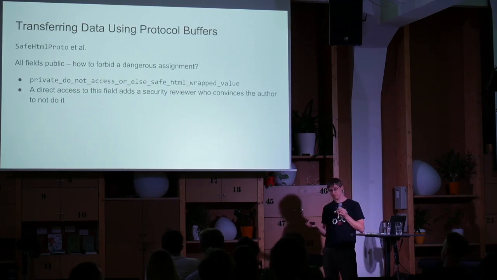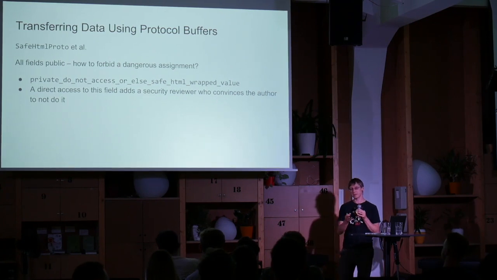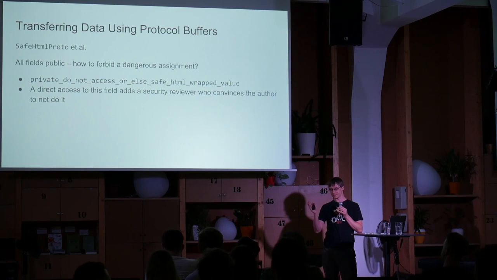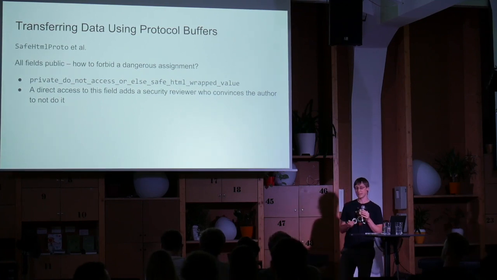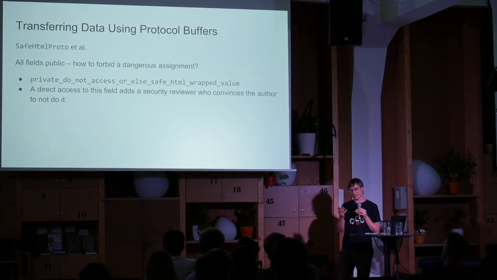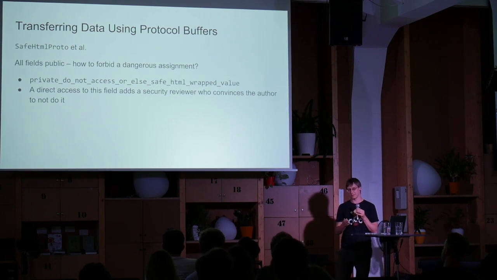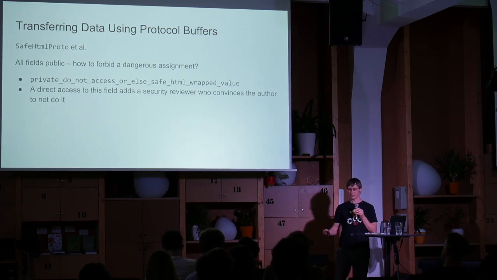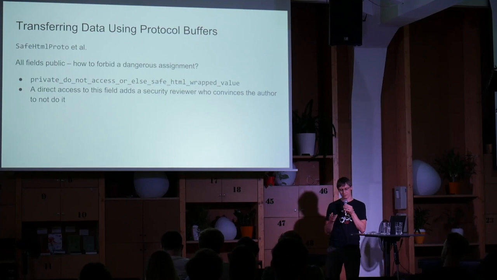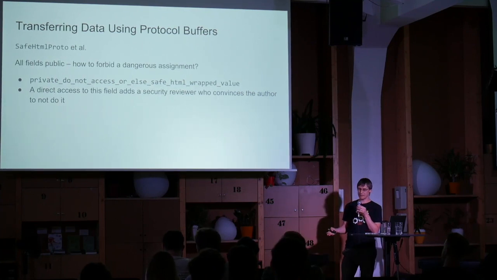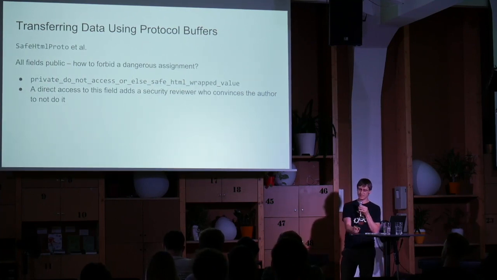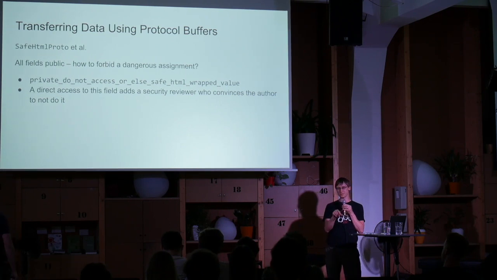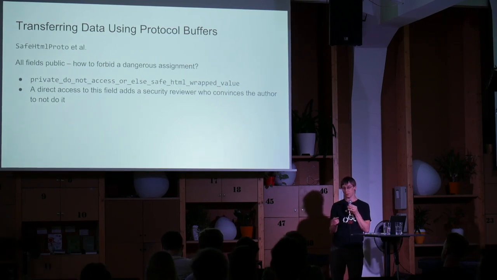We also transfer some data between the server and the client. Most servers do it using JSON, which is not very good because, again, everything is just a string, and you don't have any type information about whether it's something special or not. And it's also not very efficient, right? Because you need to transfer the names of the fields all the time.